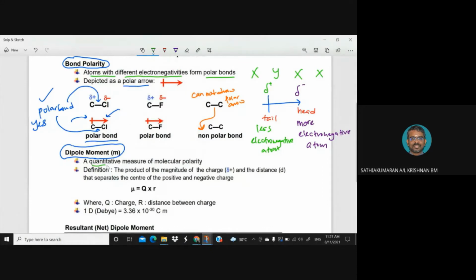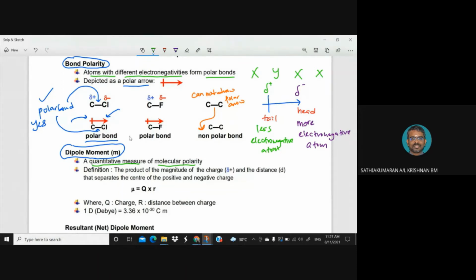What is dipole moment? A quantitative measurement of molecular polarity, which means it has a value. So how do we measure the dipole moment?